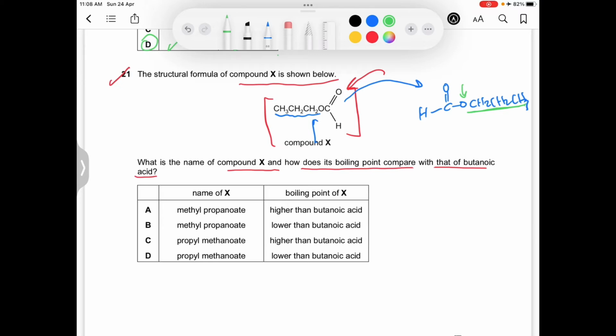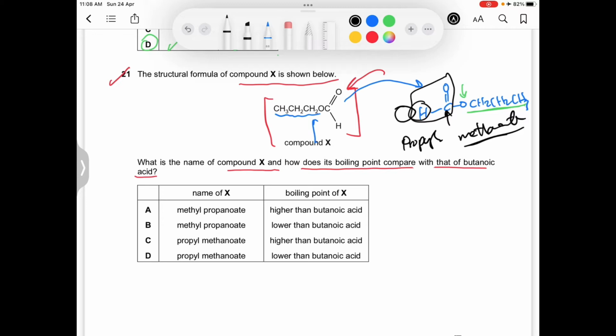So in this case, your compound is a propyl. And actually, this group looks like an aldehyde, but you have to be careful, because it's an ester, and you have only 1 carbon, and this is called methanoate. So this is the only case where you have methanoate, not bonded to any carbons in here.